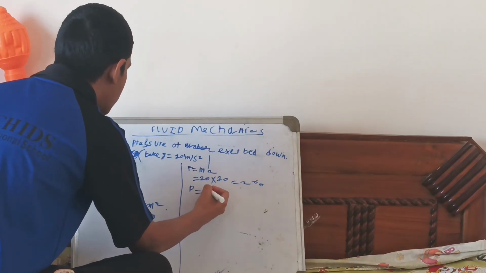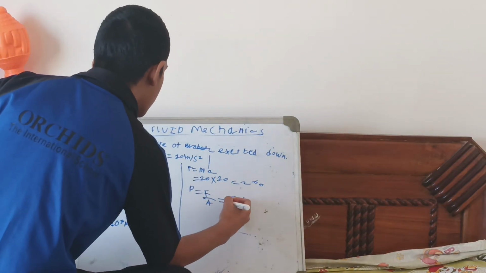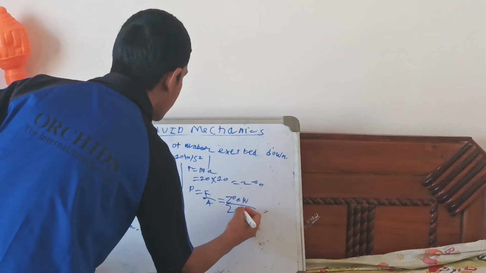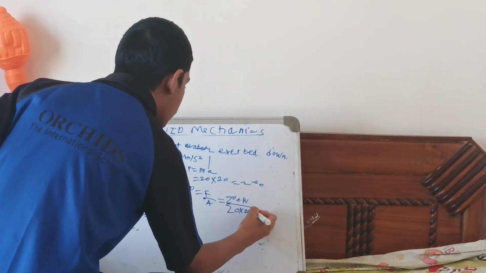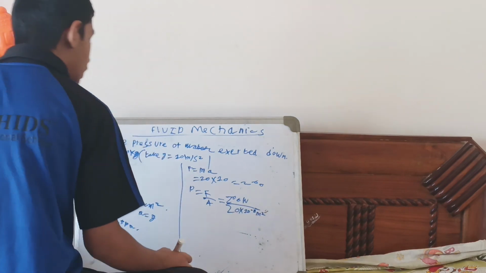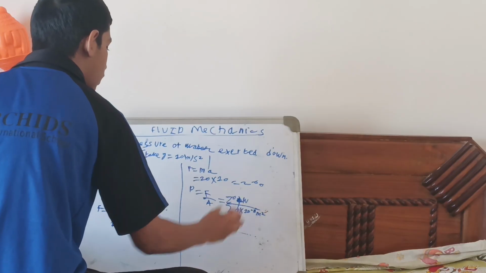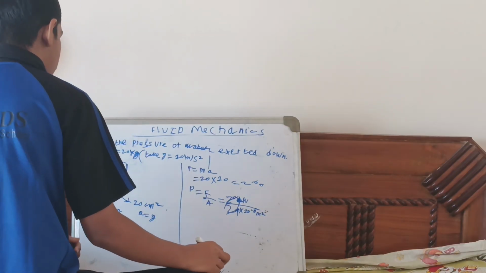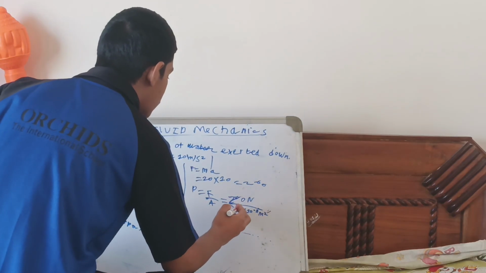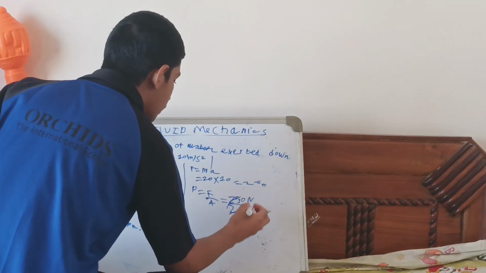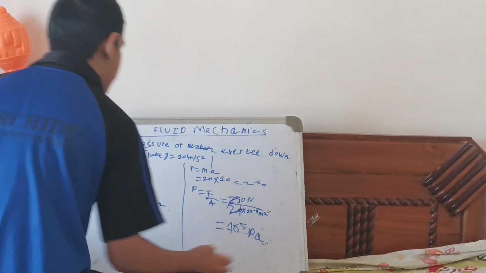And pressure equal to F by area, which is 200 Newton by 20 into 10 power minus 4 meters square. 20 gets cancelled, so it will be 10 power 5 pascal. Done.